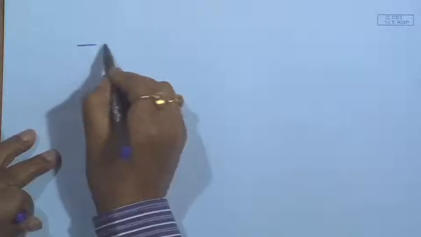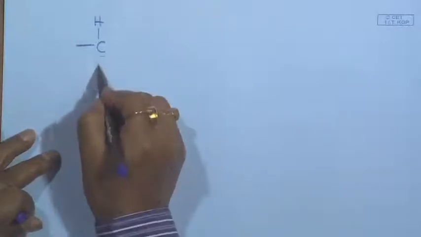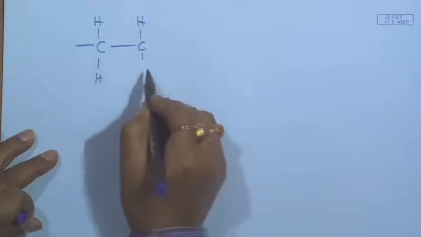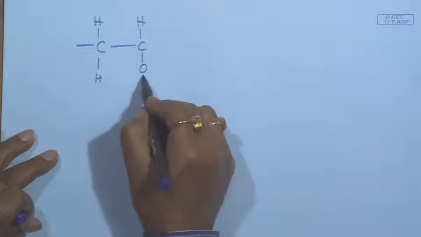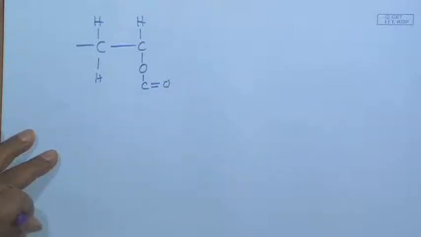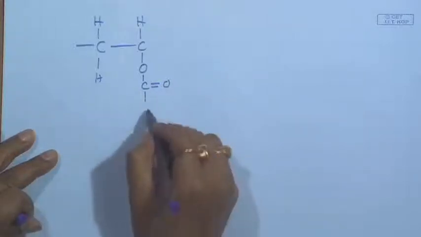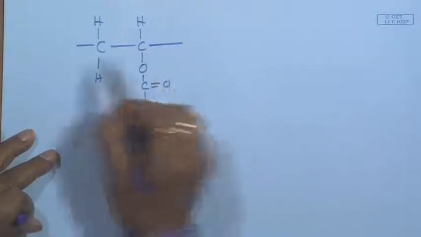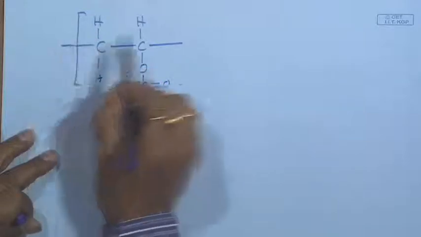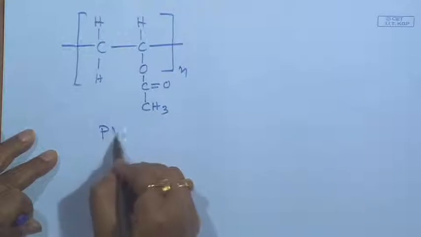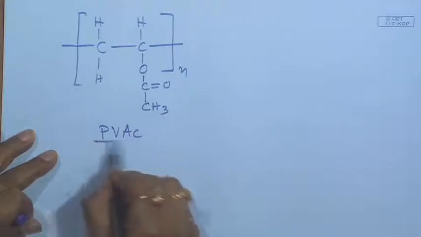Say this is polyvinyl acetate, this is the repeat unit of polyvinyl acetate, you can write this way also.